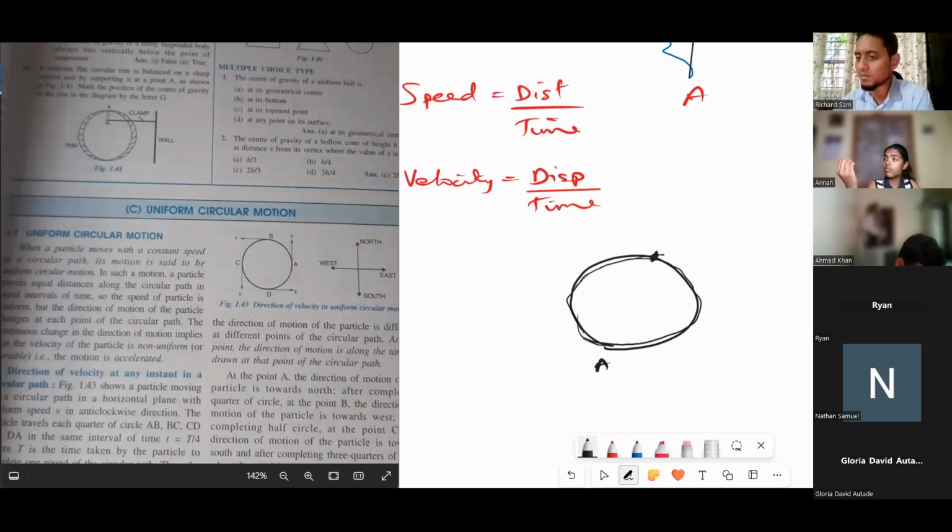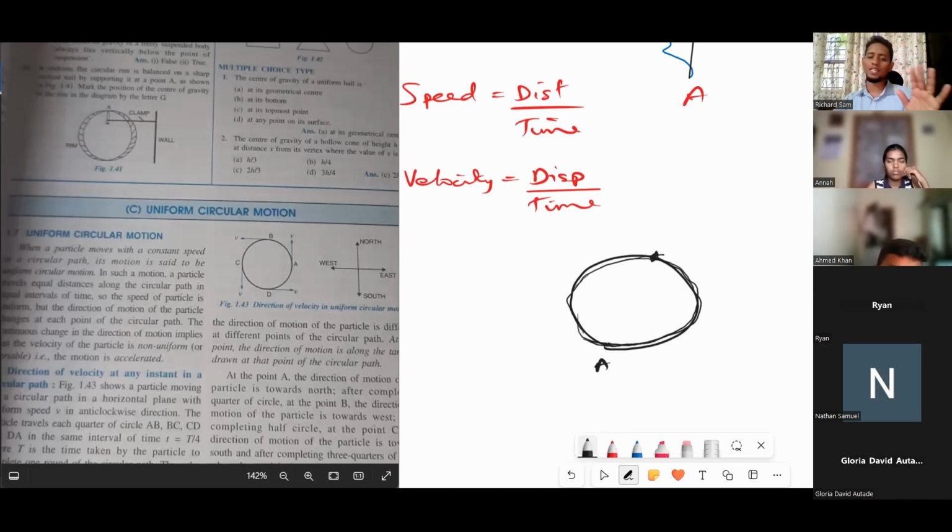At this point, I'll have maximum displacement. And now as I keep going, displacement decreases. And if I come back to the starting point, what is my displacement? Zero. So even though I'm going at a constant speed, distance increases, but displacement increases and decreases.